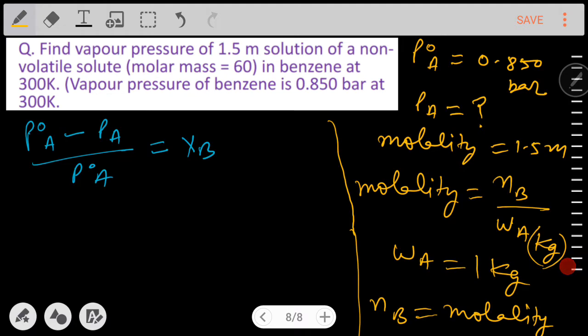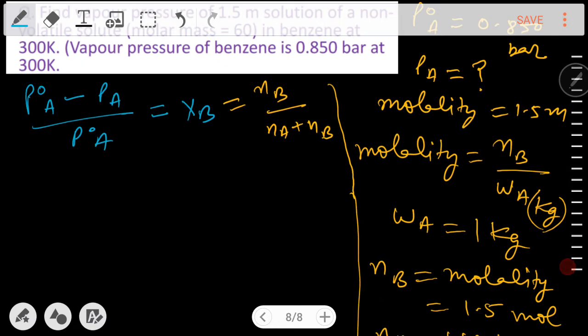Once again, see this equation: P naught A minus PA upon P naught A equals XB. XB is equal to NB upon NA plus NB. Now we know all the things here except the PA. So put all the values in this equation, calculate the value of PA.